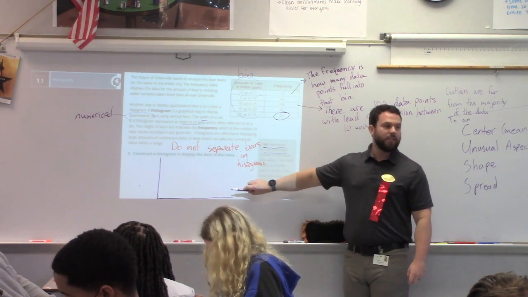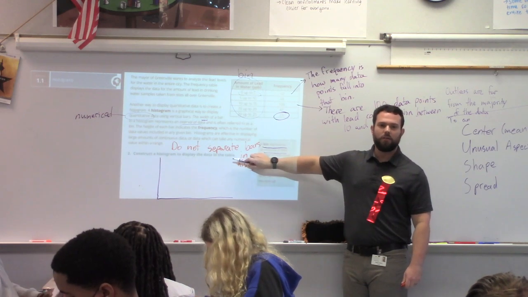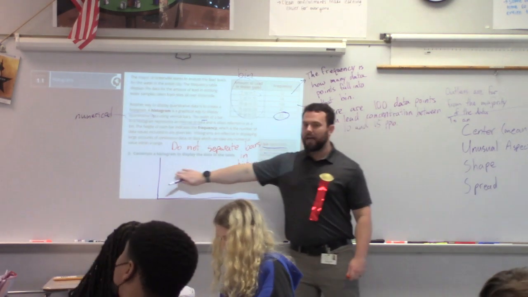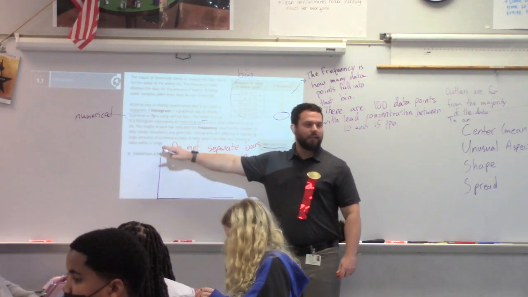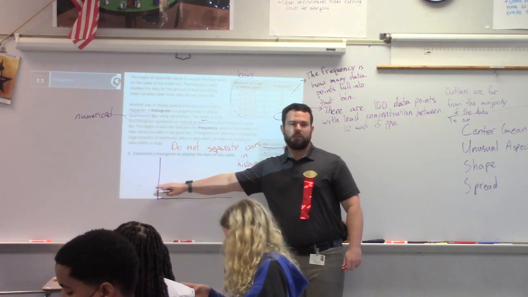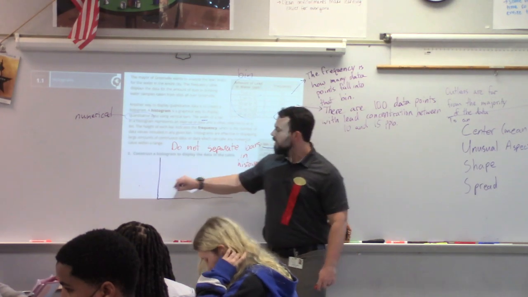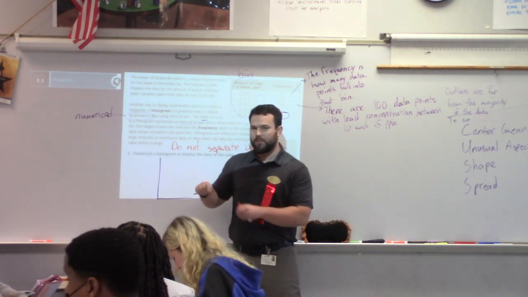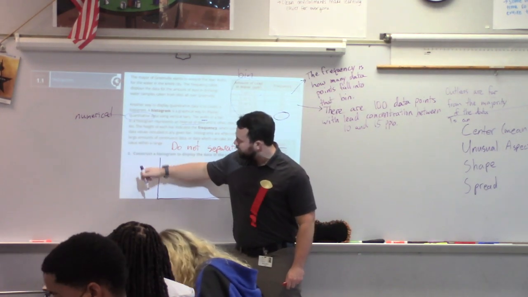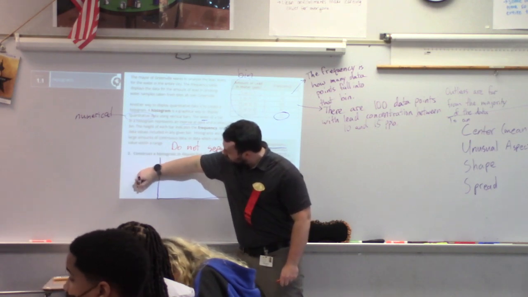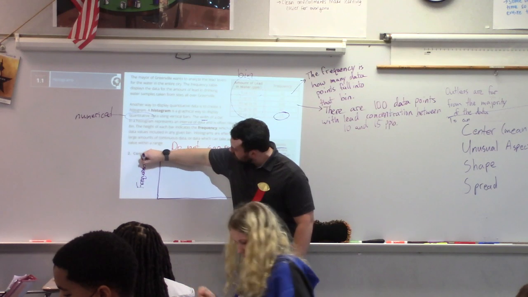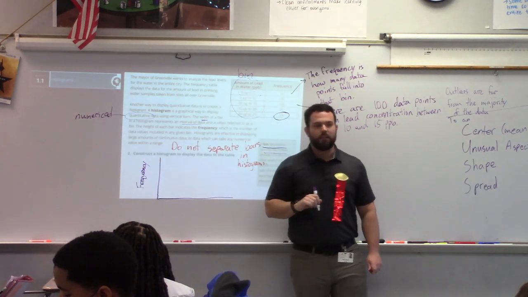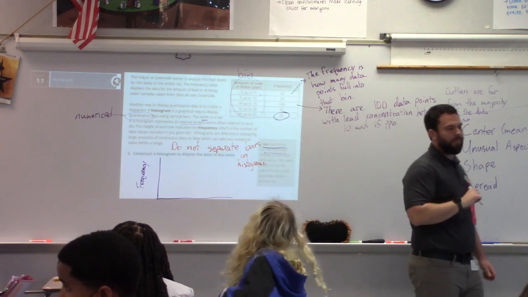The frequency tells us how high it goes, right? Isn't the y-axis measuring how high it goes? So the y-axis is always going to be your frequency on a histogram. Sometimes it's a relative frequency, but for the most part, at least in this class, the y-axis is always going to be my frequency.